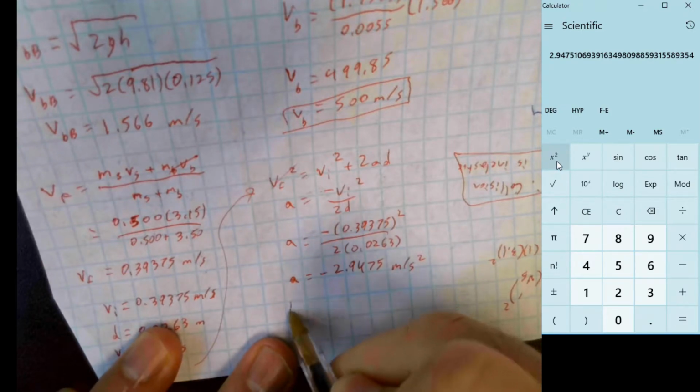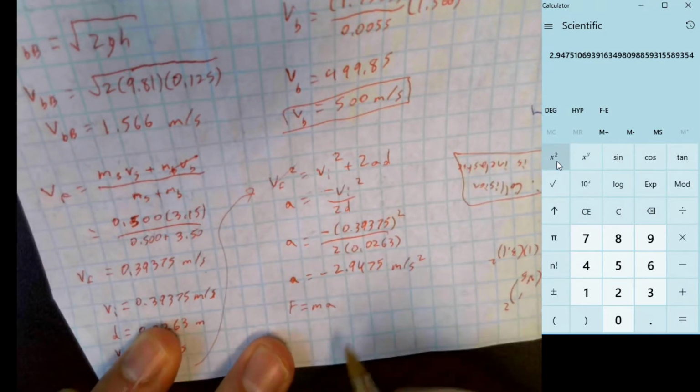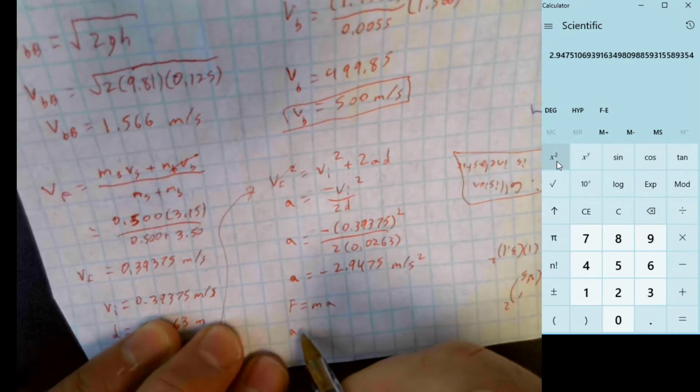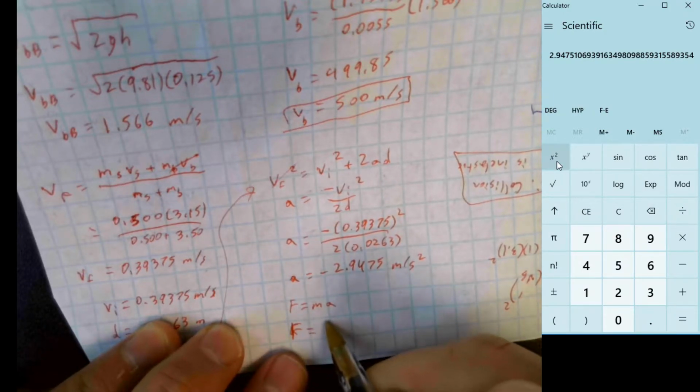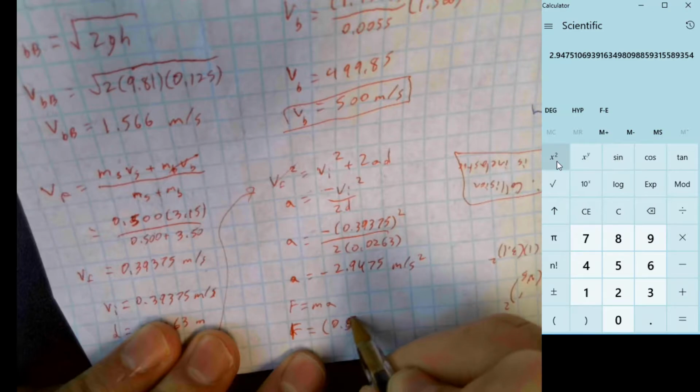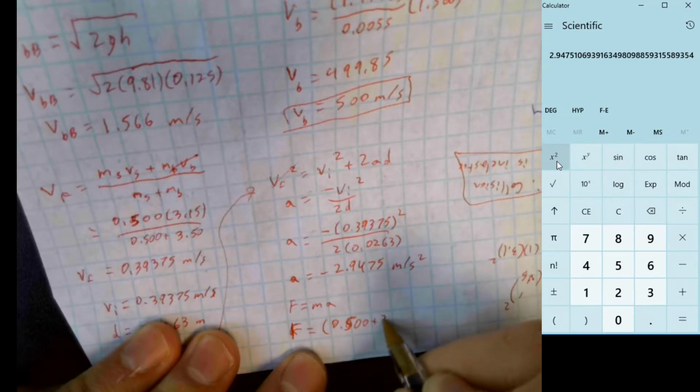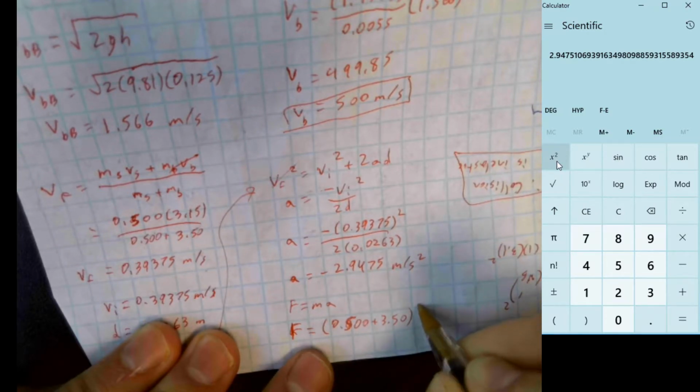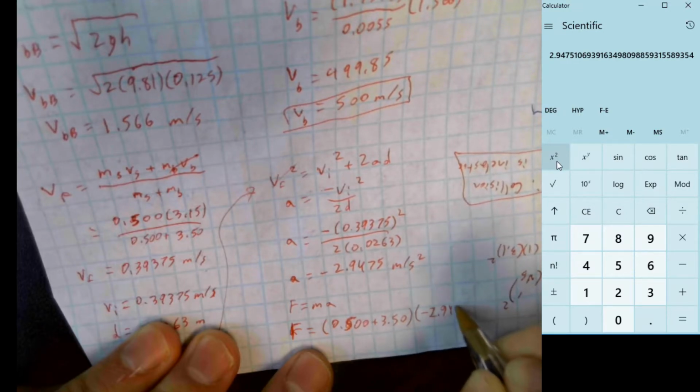Now I'm going to go to my F equals MA. F is already isolated, so I don't have to do anything else there. F equals the mass of the two blocks together, so that's going to be 0.500 plus 3.50 times my A, which is negative 2.9475.